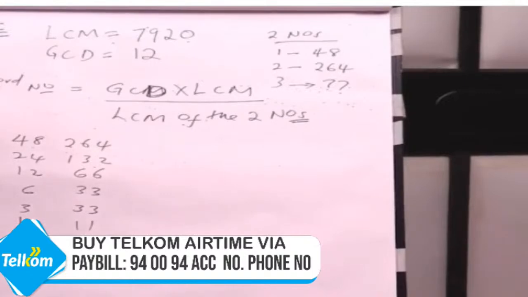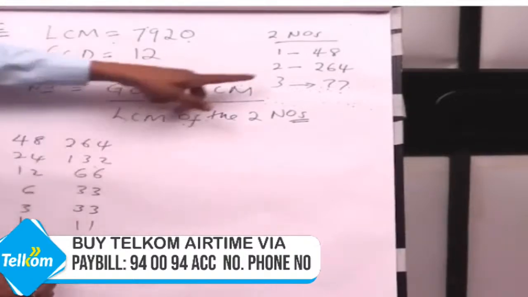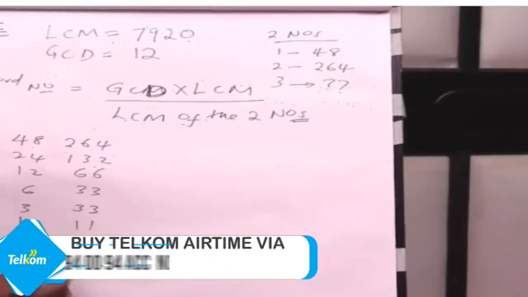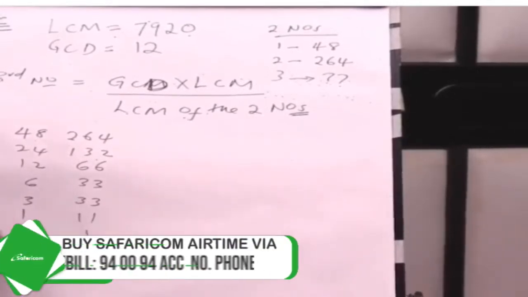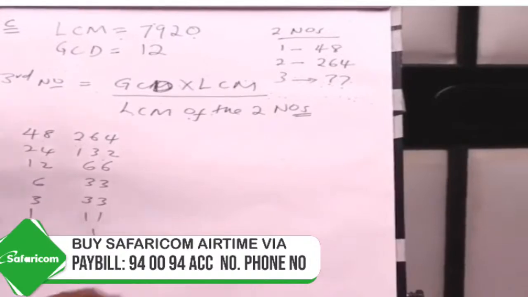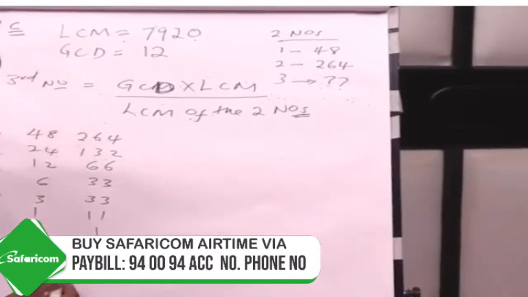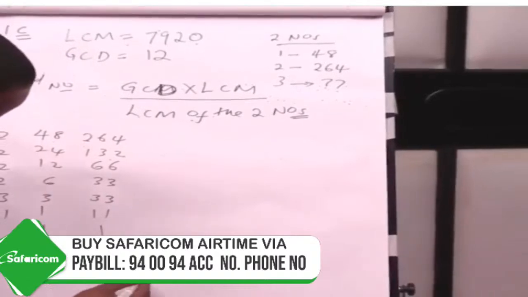So this is the LCM. Therefore, LCM of 48 and 264 equals 2 raised to power 4, times 3 times 11. 2 times 2 times 2 times 2 is 4 times 4, this is 16 times 3 times 11.